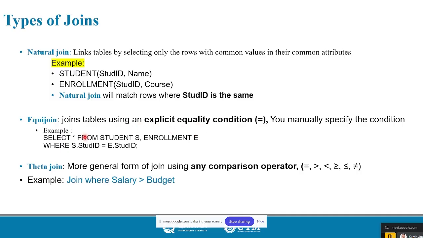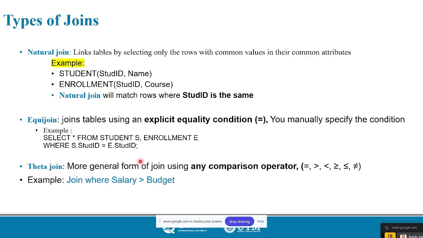However, the equijoin says select all from student and enrollment. Now, when should we select all? Only where this condition is true: the student's student ID is equal to the enrollment's student ID. Now, equijoin will tell me all those students that have enrolled in a specific enrollment.